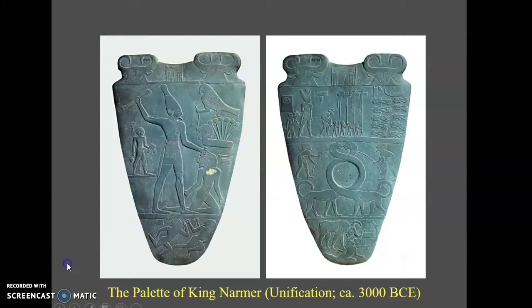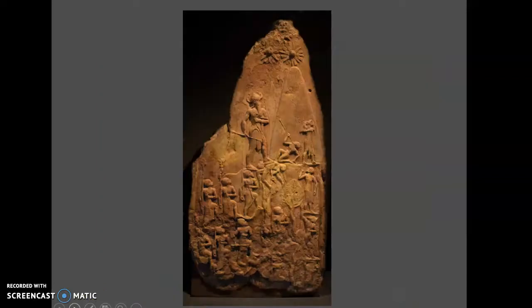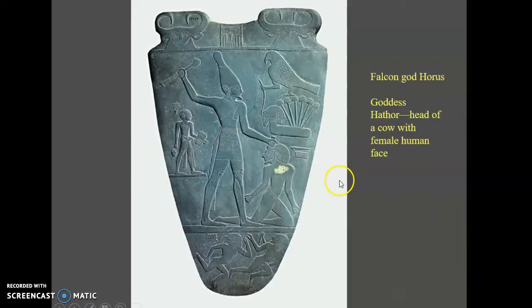She is the cow, female cow-headed, or horned goddess who's believed to be the divine mother of the pharaoh. So when you think about cows giving milk and being nurturing in that way, that's what the Egyptians believed.